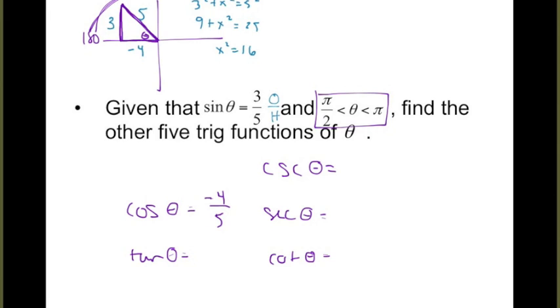Tangent, opposite over adjacent, so 3 over negative 4. And the other 3 are reciprocals of the first 3. So cosecant flips over sine, which is the one we were actually given. Secant flips over cosine, and cotangent flips over tangent.